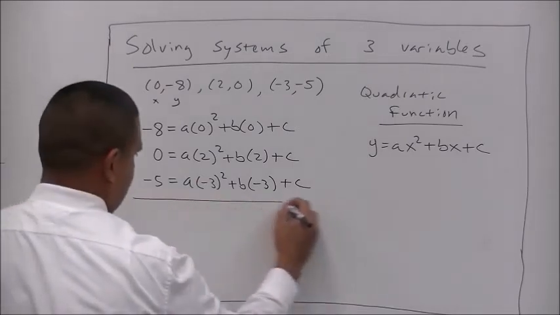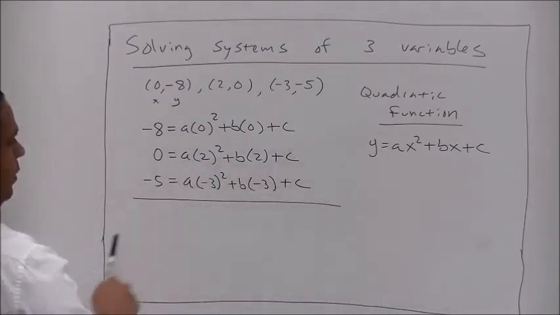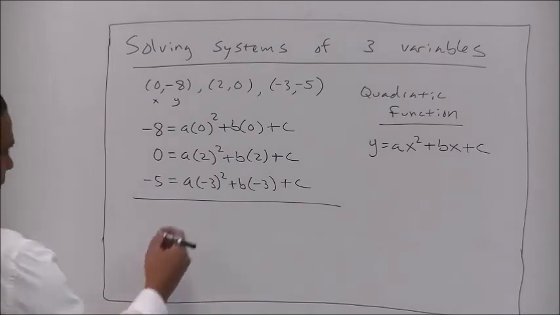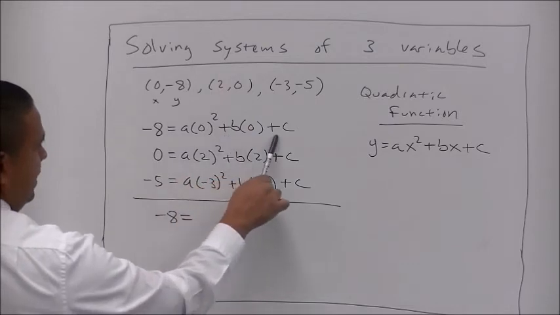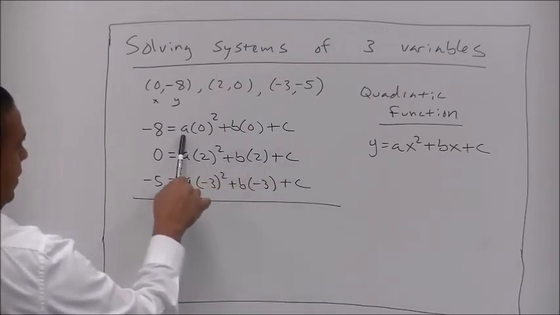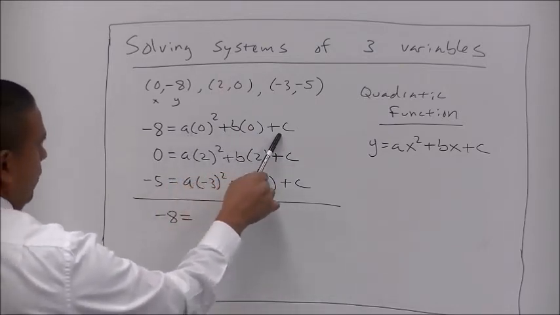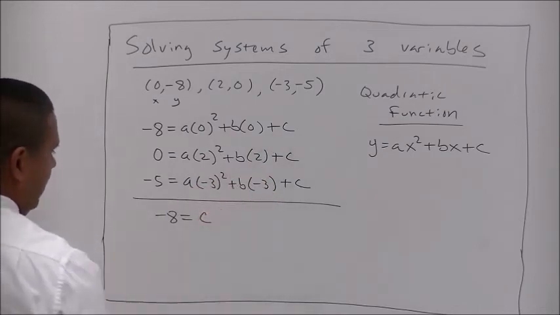So now we can work these out or simplify them a little bit. So -8 equals, simplify all this for me, 0. c. So it's just c, isn't it?